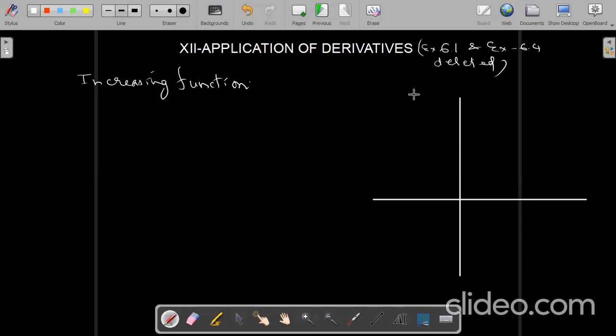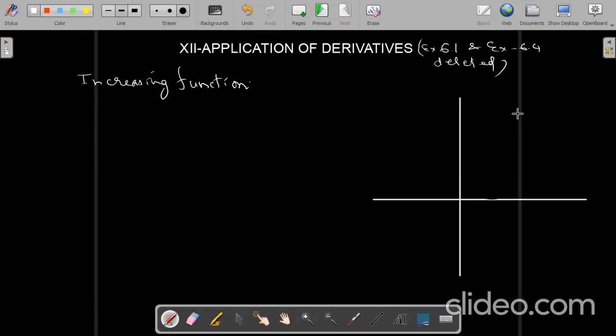okay. Increasing means if it is continuously increasing, then suppose it is increasing, so this will be going like this, okay. But here they have not said strictly increasing. If it is said strictly increasing, the graph will be that one.